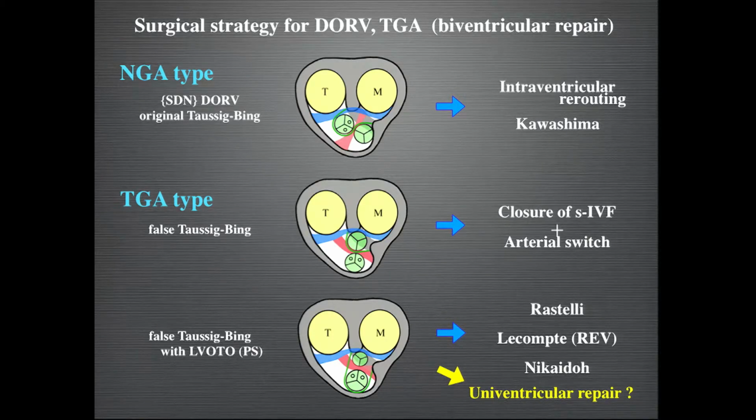Recently, the double truncal switch procedure. But after that, there are many redo procedures of the left ventricular outflow tract. Then in some cases we do univentricular repair. But with univentricular repair, the long-term outcome is a little bit worse.